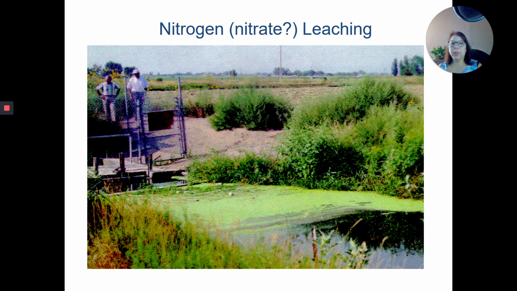Okay, this is nitrogen leaching. Nitrogen leaching is characterized by a foul odor and the dark green color of the water, plus floating plants that are very healthy. So this is what they call very nutritious water.